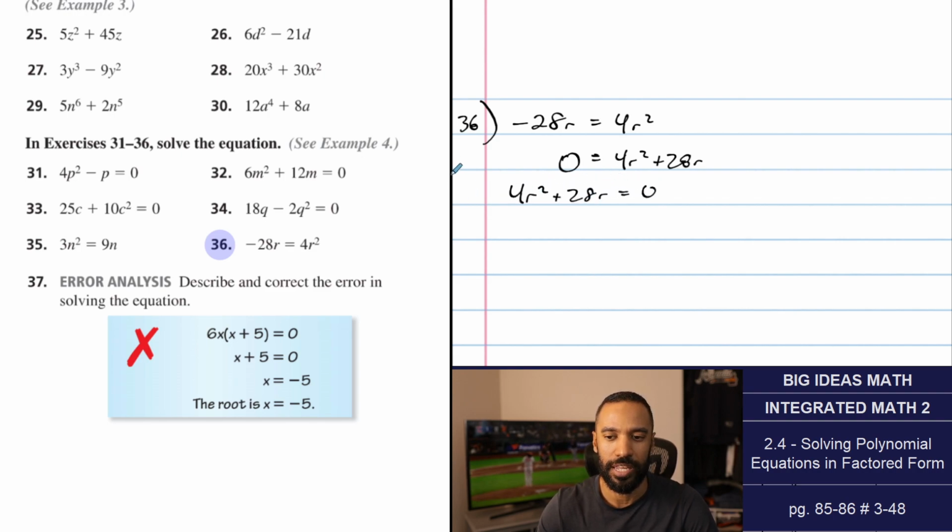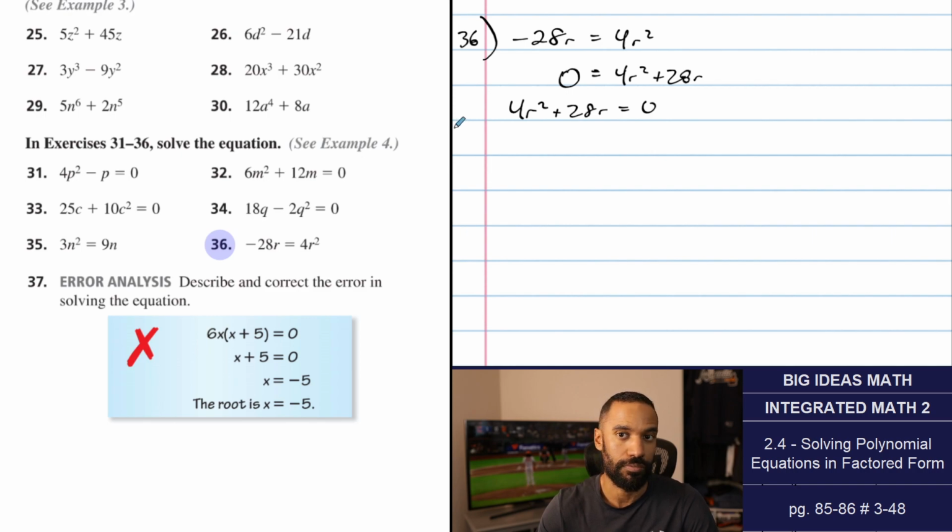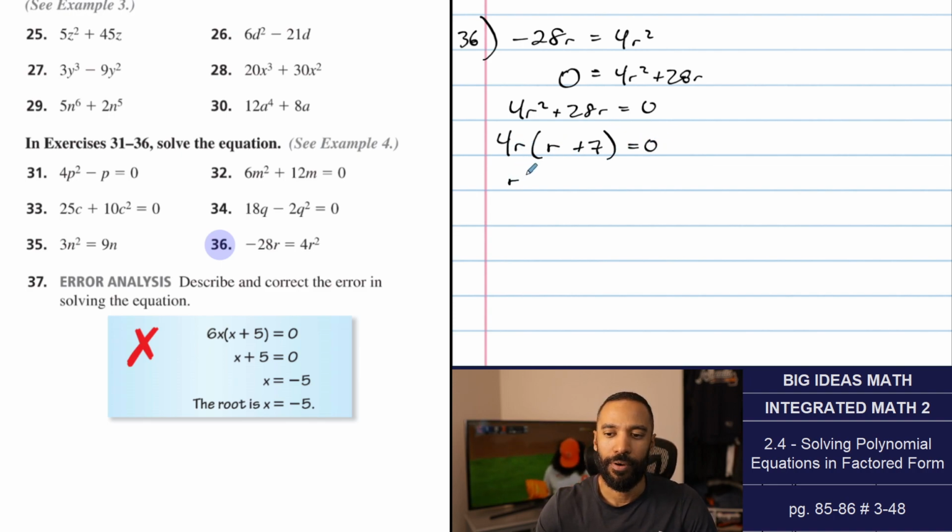It's just a little OCD thing, but I think you would agree once you do this as often as I have. You can factor a 4r out of here, 4 from both of these numbers, and r is the variable. 4r times r is 4r squared, and 4r times 7 is 28r. If 4r equals 0, then r equals 0, and if r plus 7 equals 0, then r equals negative 7.